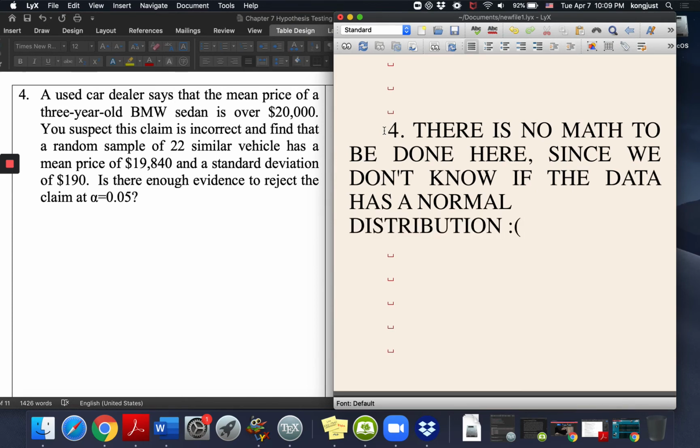In a real world situation, we could just stop at this point. However, I would suspect that the prices of a car would have a normal distribution. So even though it doesn't say it, let's just do the math for the practice of it. But if you had said this on a test, I would accept this as an answer because there's no indication here that it's normally distributed and n is not bigger than or equal to 30.